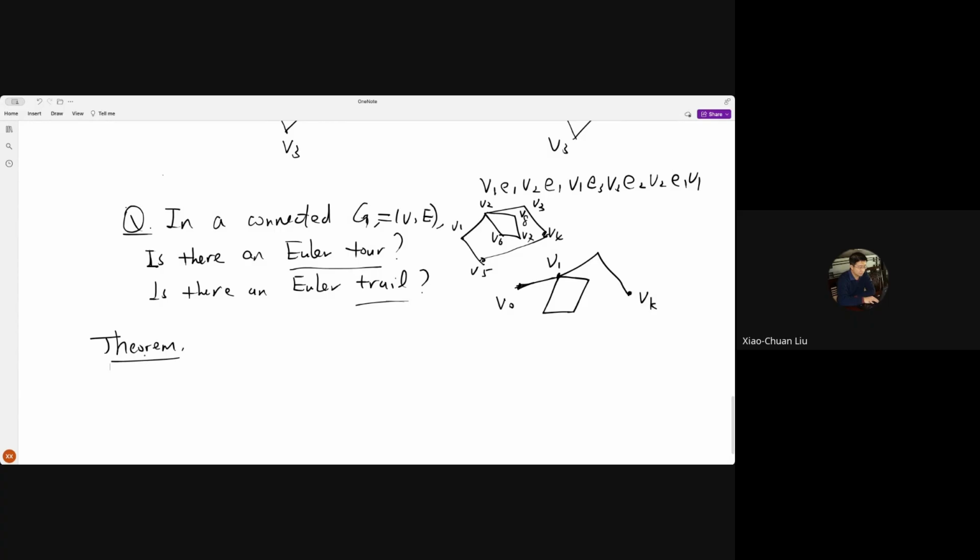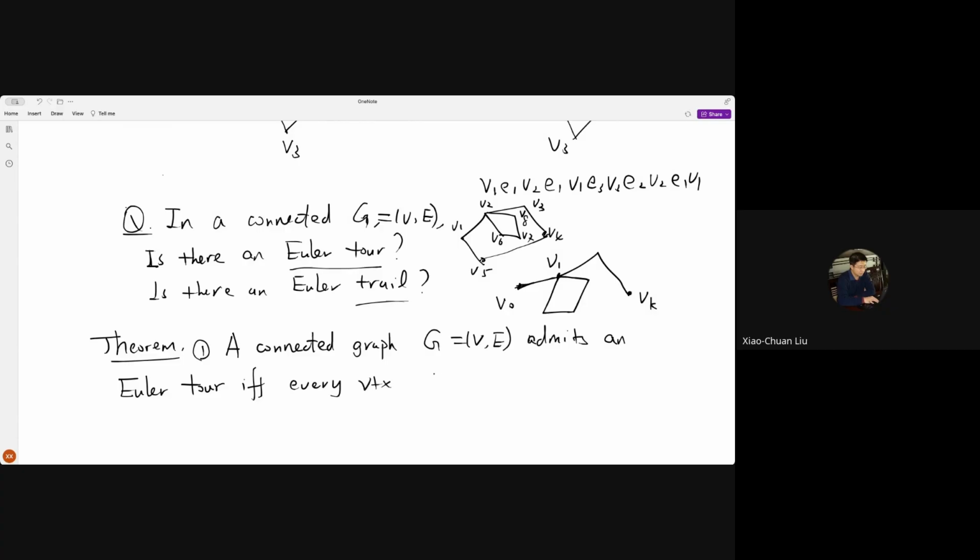It turns out to be an easy theorem, not so difficult. So 1: a connected graph G admits an Euler tour if and only if every vertex is even. So what is an even vertex? The degree is even, okay?